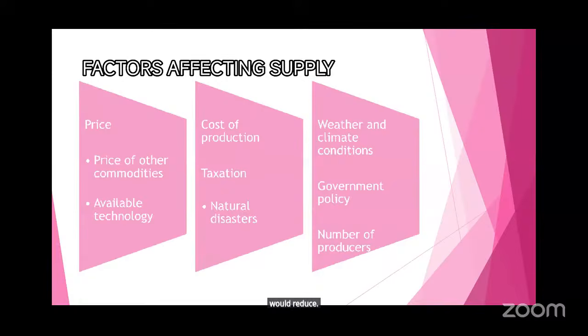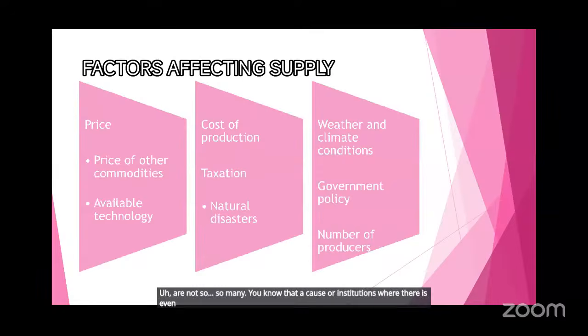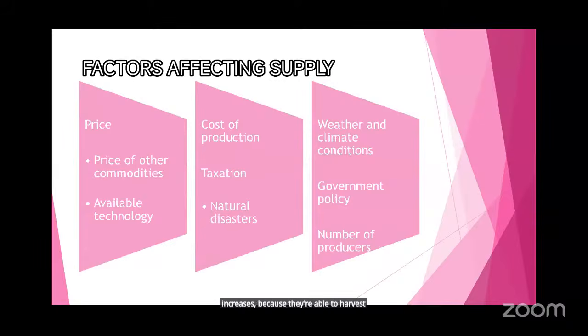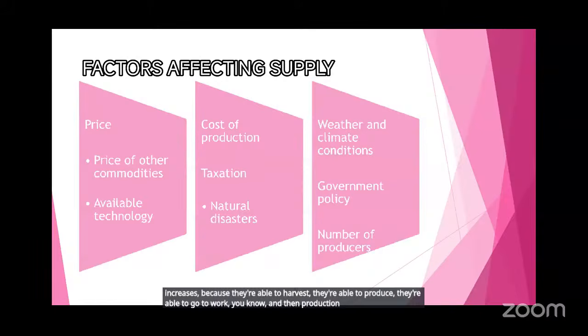But when natural disasters are not so many, or in situations where there is no natural disaster, then you find that production increases because they're able to harvest, they're able to produce, they're able to go to work. But when natural disasters do happen, you find out that it drastically reduces production.